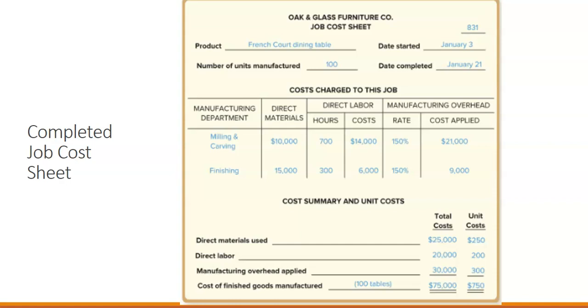In this instance, the rate is 150% of direct labor costs. What that means is we take our direct labor costs times 150%, and that gives us our overhead cost for that job. We're going to talk a lot more about applied overhead costs.